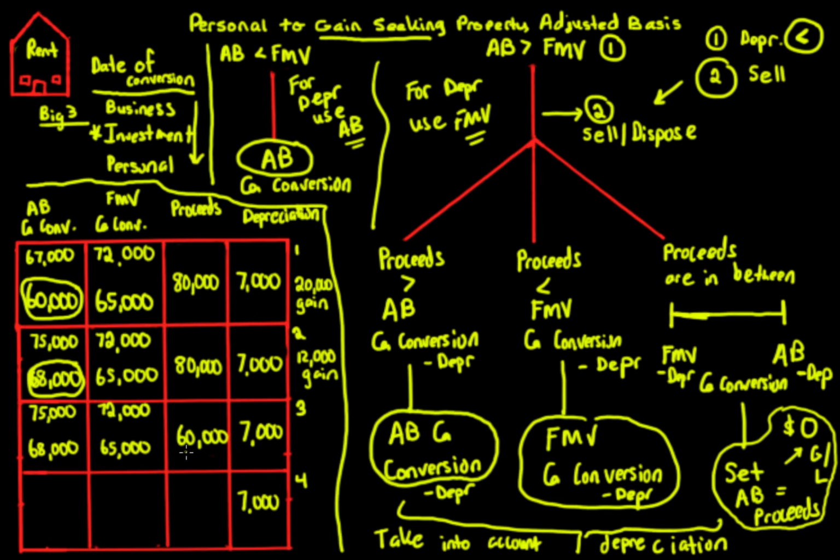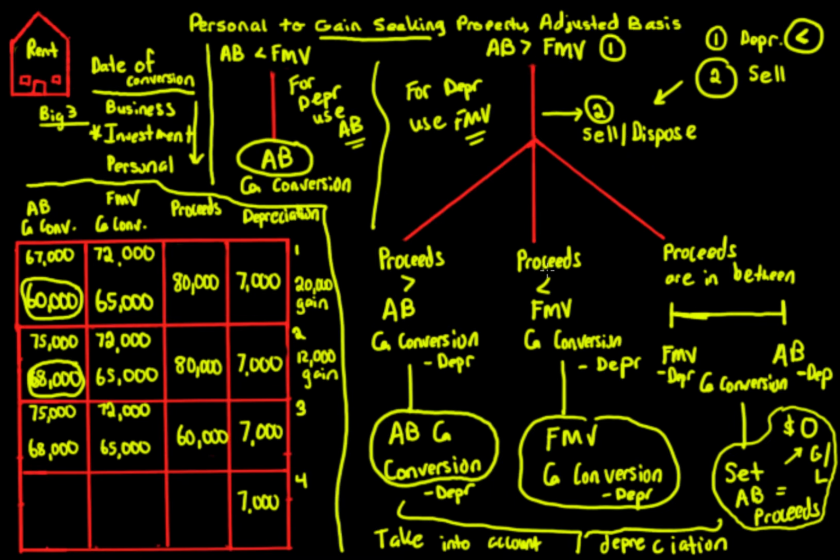So if we're using our general rule, the lesser of, we're going to use the fair market value. But we've got to go through the tests, the special rules. So our adjusted basis, 68, is not less than the fair market value. It's more. So we're over here.